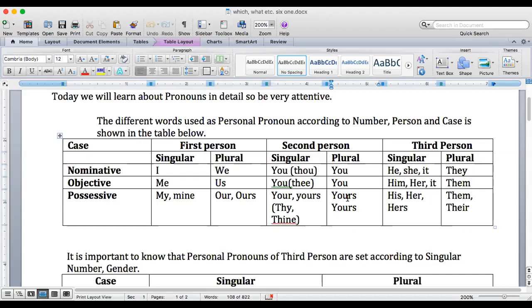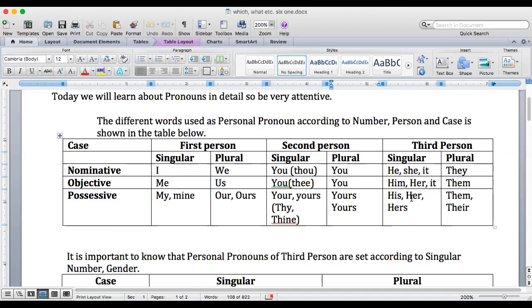Now the third person singular form is he. I, you, he: he is third person. He, she, it. And the third person plural is they. Then in the objective case, it is him, her, and it, and them is the plural form.